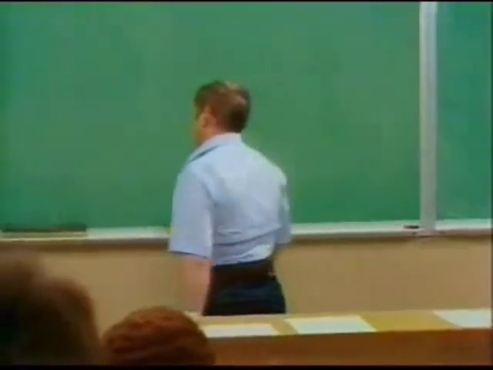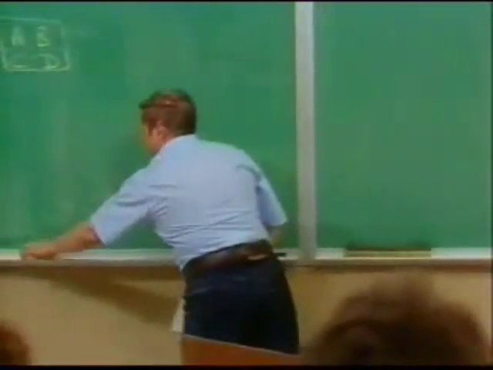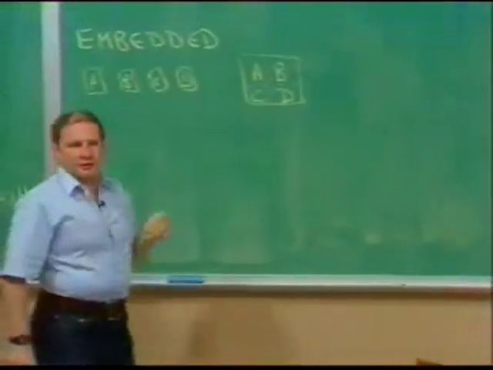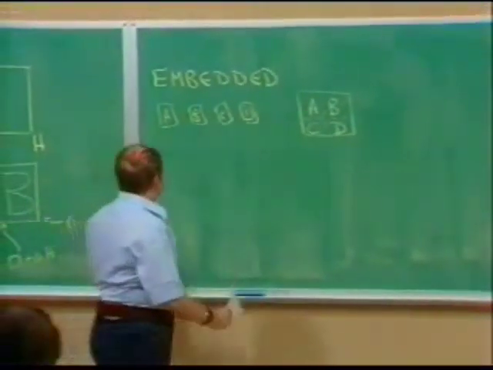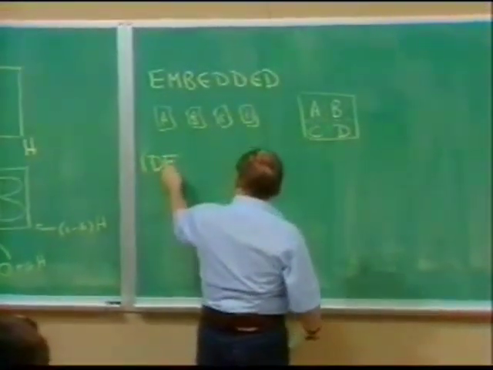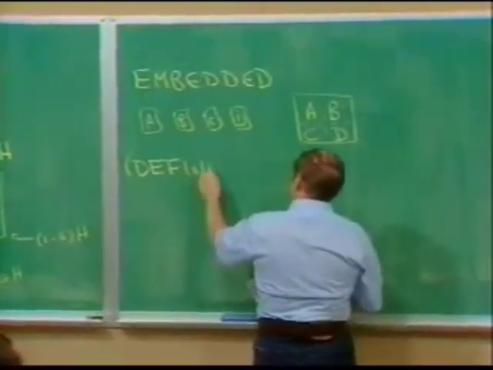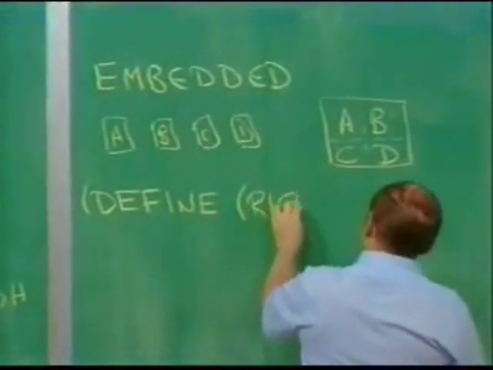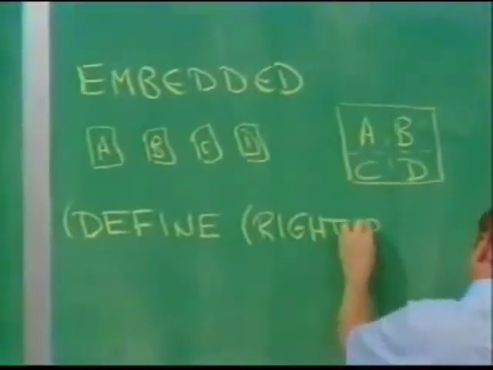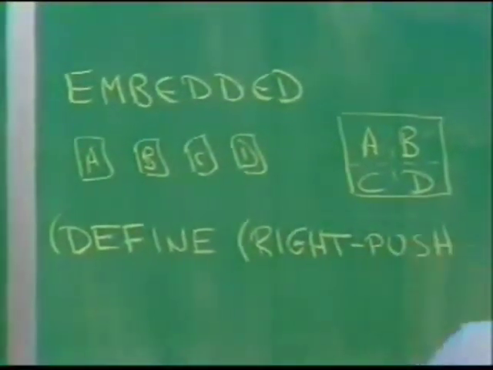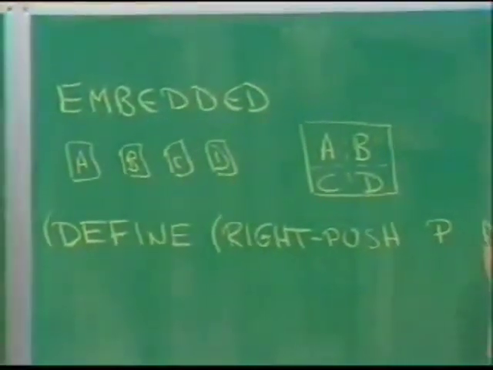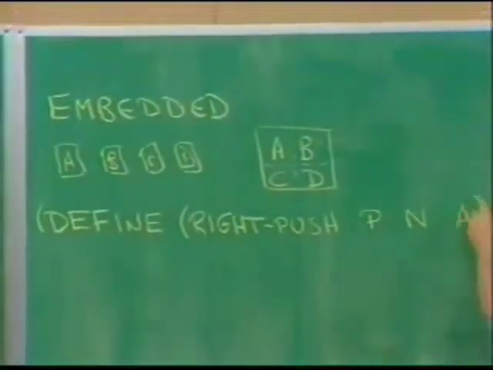Or even more, suppose I wanted to use recursion. Let's look at a recursive means of combination on pictures. I could say define. Let's see if you can figure out what this one is. Suppose I define what it means to right push a picture P, with some integer n and some scale factor a.